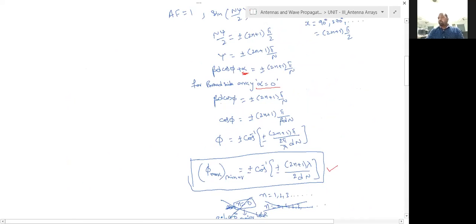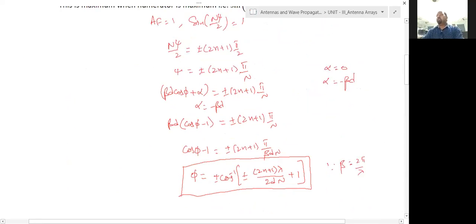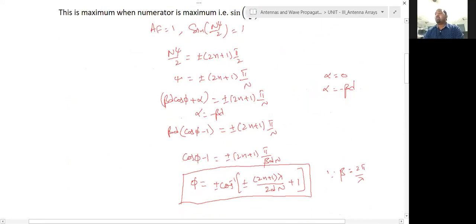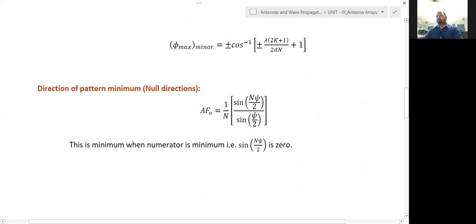Here comes the difference: in broadside array, alpha is equal to 0, whereas in end-fire array alpha is equal to minus beta d. Earlier alpha is equal to 0, and now alpha is equal to minus beta d. That is the only difference between broadside array and end-fire array.